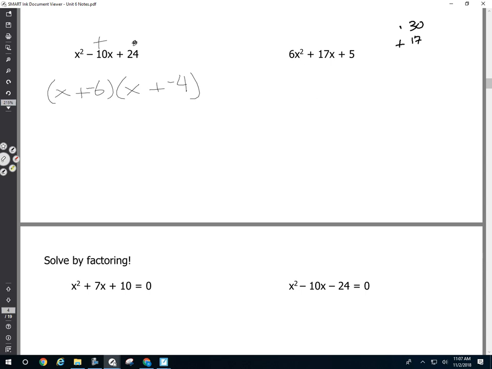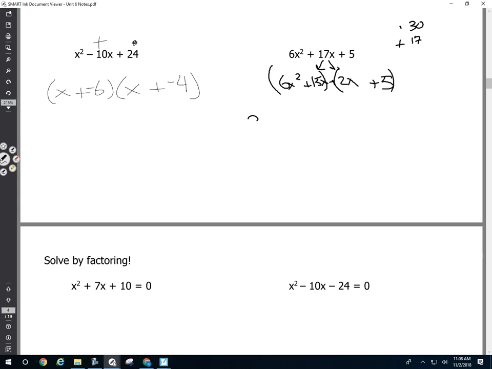We then figure out the two numbers, 10 and 3. We use those numbers to rewrite the middle term. Oh my goodness, 15 and 2. Good job. We then factor by grouping.